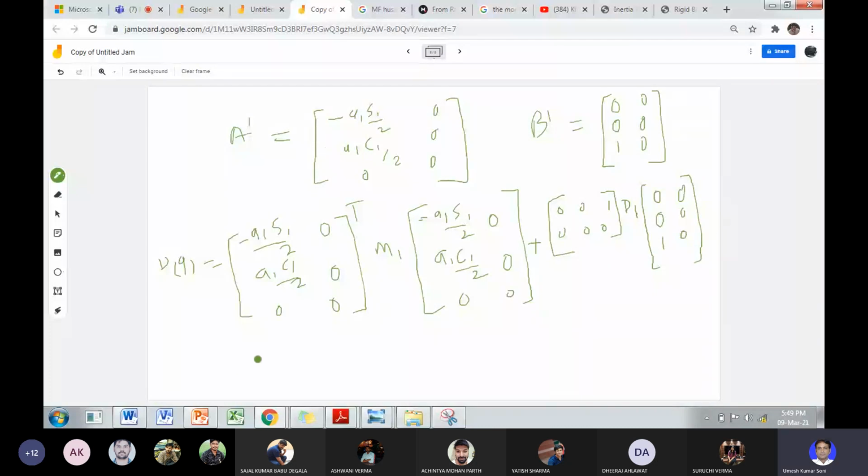Okay, so the value of D1 you know. Okay, this is a matrix, then you can calculate Dq.